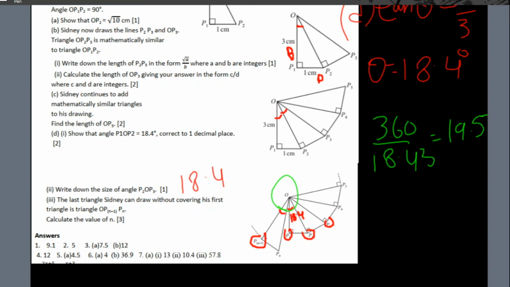So 19 triangles will fit in this whole circle, and this one here is P19. Keep that in mind, because we started from P1. This is P19, which makes this P20. So the value for n is 20. n equals 20.